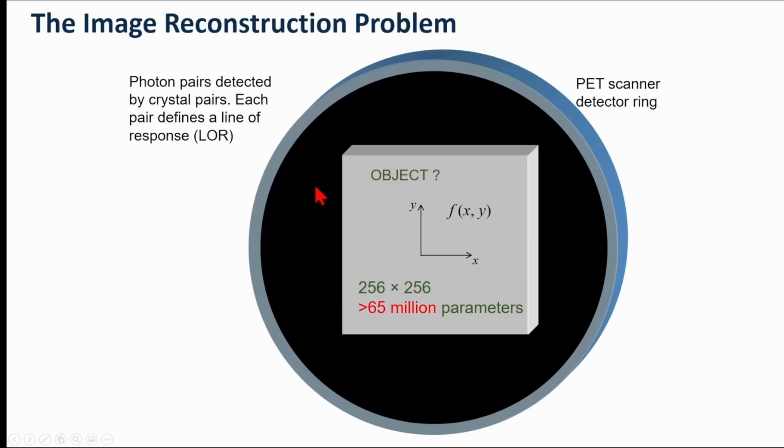And each of those detections is along what's called a line of response, basically a pair of high-density crystals detecting the two high-energy photons. And in image reconstruction, what we're seeking to do is reconstruct an object, okay? Reconstruct the representation of that radiotracer distribution inside the patient's brain.